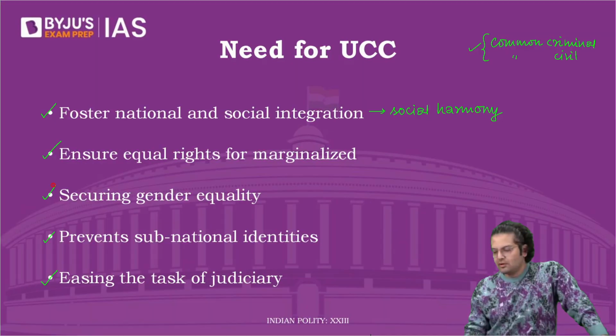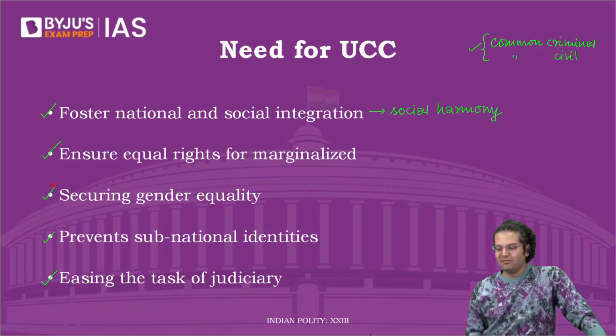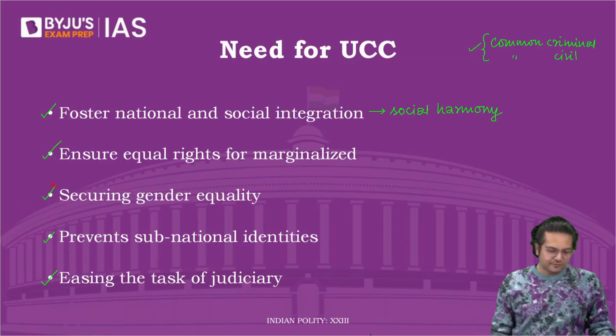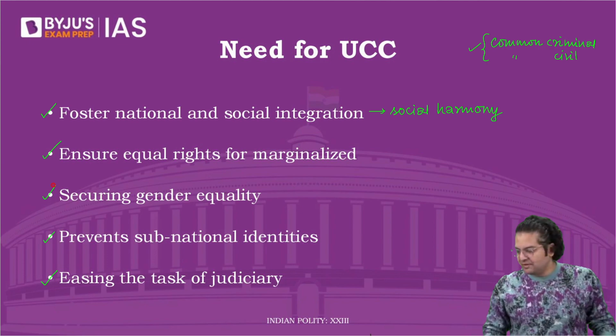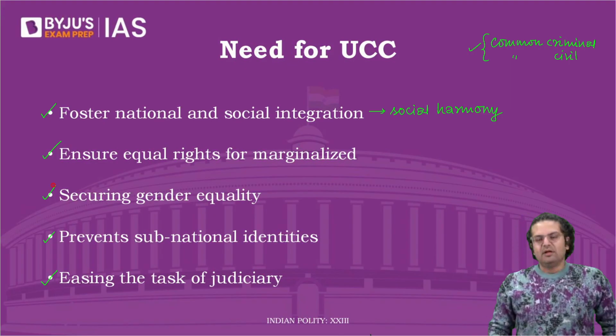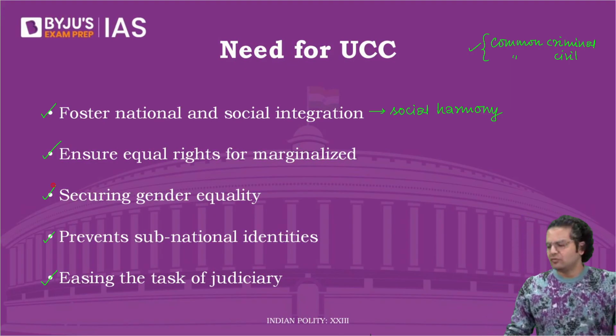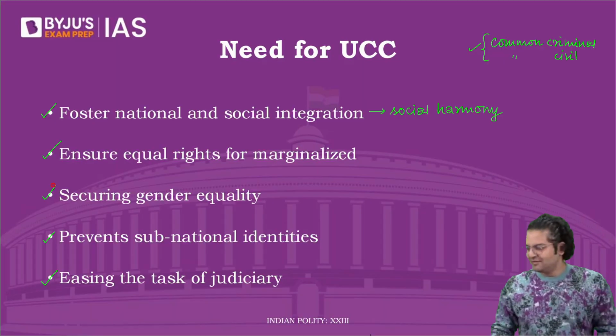But I'm sure those who are not single would know that it's very difficult to manage one person in your life. Anyway, I don't think this could be a very logical ground. But yes, marginalized people, the weaker sections, in any religious group, they may face problems.